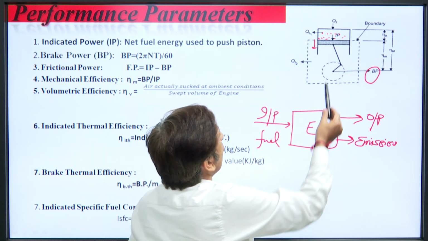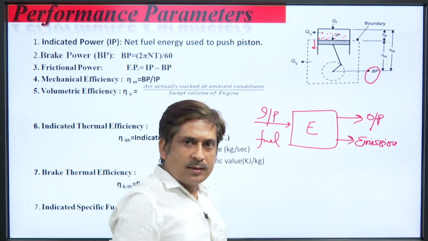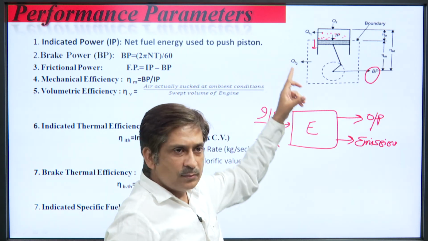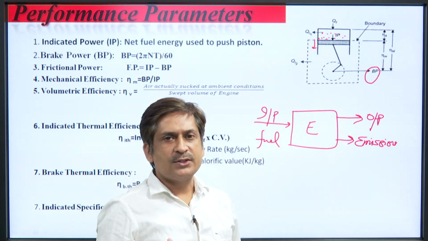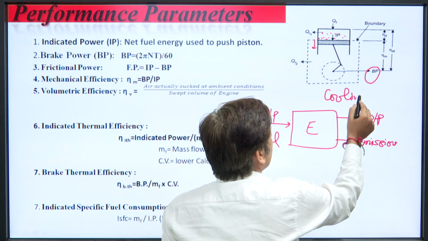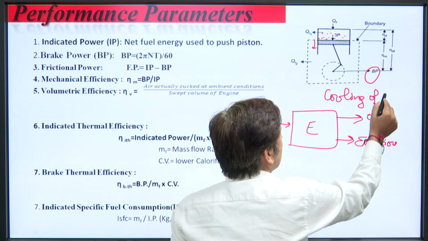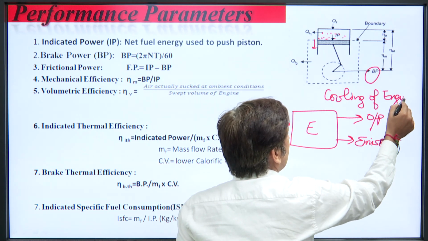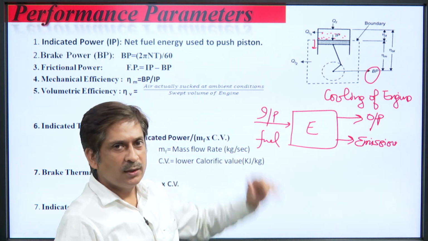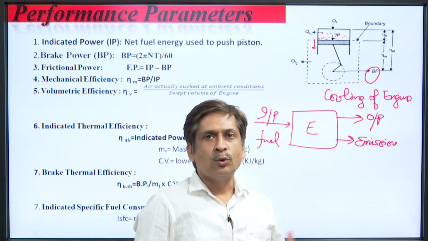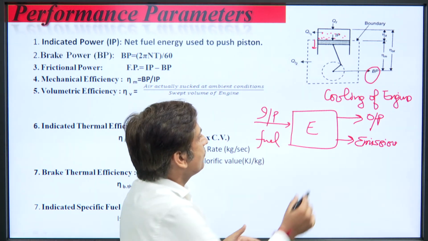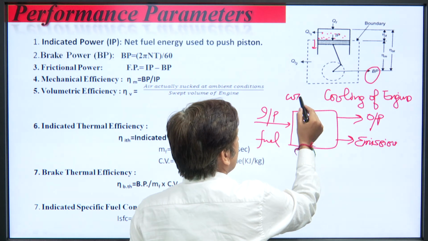What happens if we burn the fuel? A large amount of the fuel energy goes into wastage, like in cooling of the engine. Some amount of heat energy goes into the cooling water or some other means. It is waste, but it is needed.